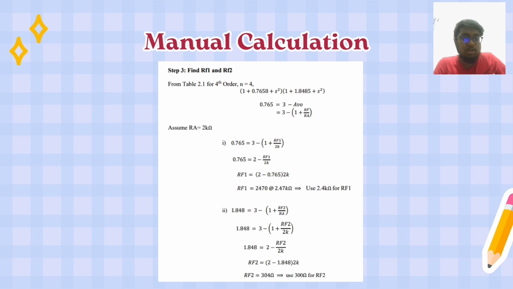The equation is 1 plus RF over RA. So we need to assume RA equals 2 kilo ohm. So we will get RF1, which is 2.4 kilo ohm. Next we need to get RF2. For RF2 we will get 300 ohm.